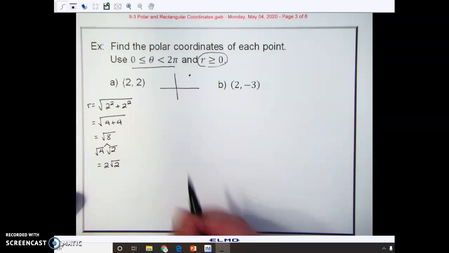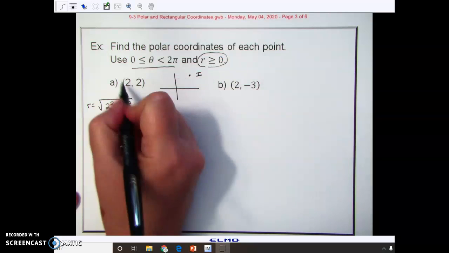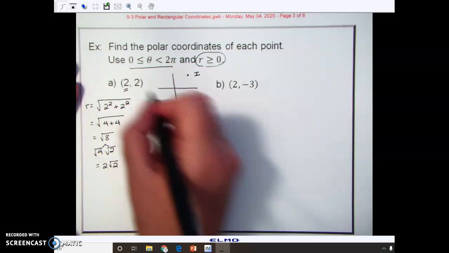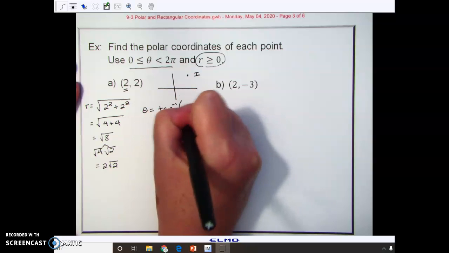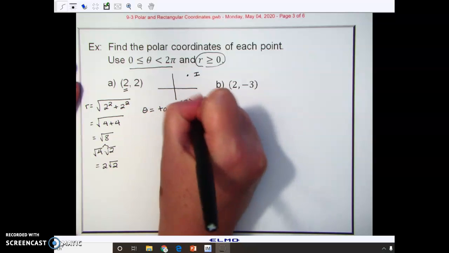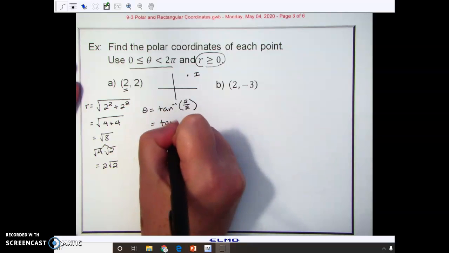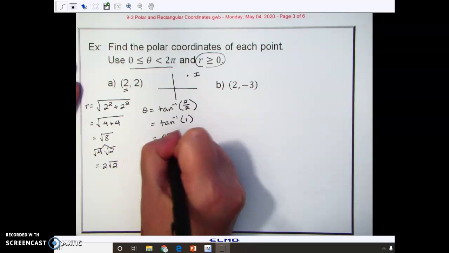Okay? And then coming over here, we are in quadrant 1 and x is positive. So we don't have to worry about anything fancy with that inverse tangent. We can just do that theta is the inverse tangent of y over x. So that's going to be 2 over 2. And so if you remember, the inverse tangent of 1 is 45 degrees.